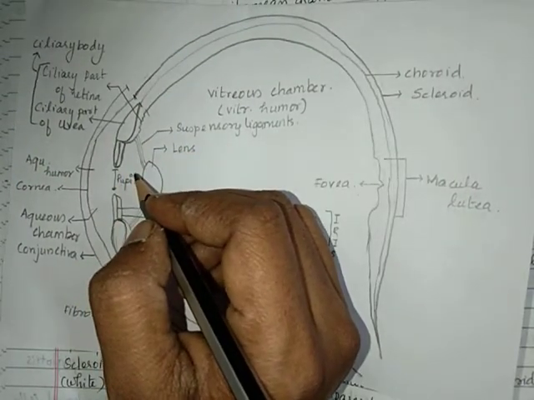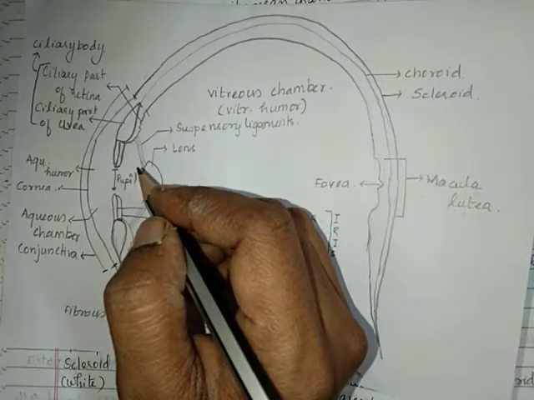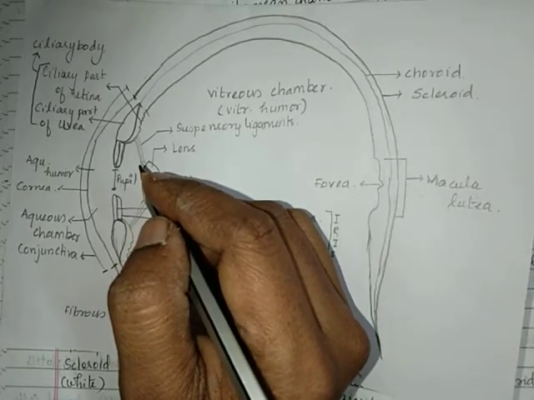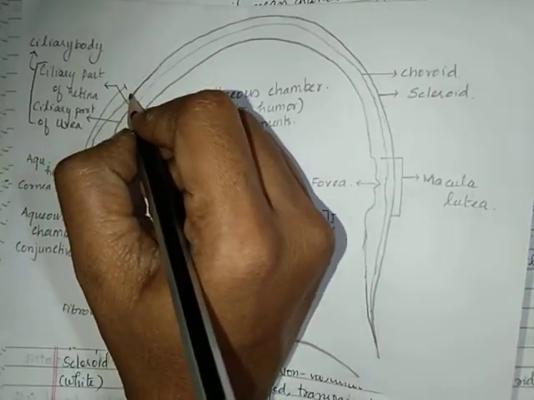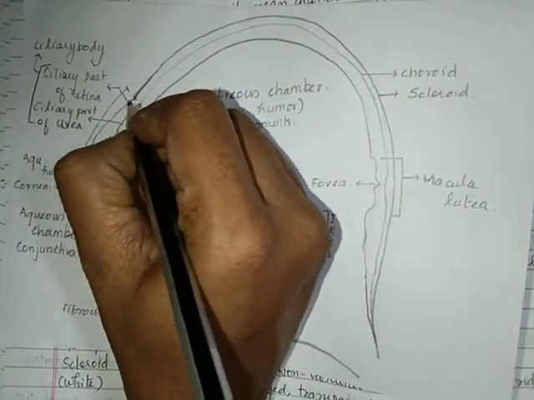For that draining purpose, there is a small canal which is present at the junction of cornea and sclera. So this is the sclera layer, this is cornea.